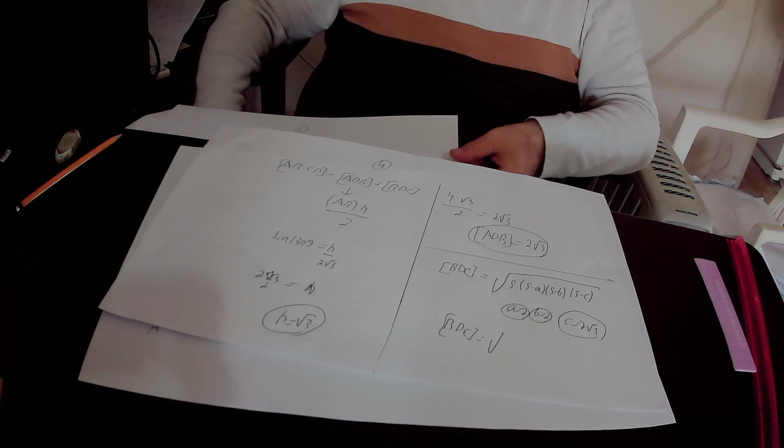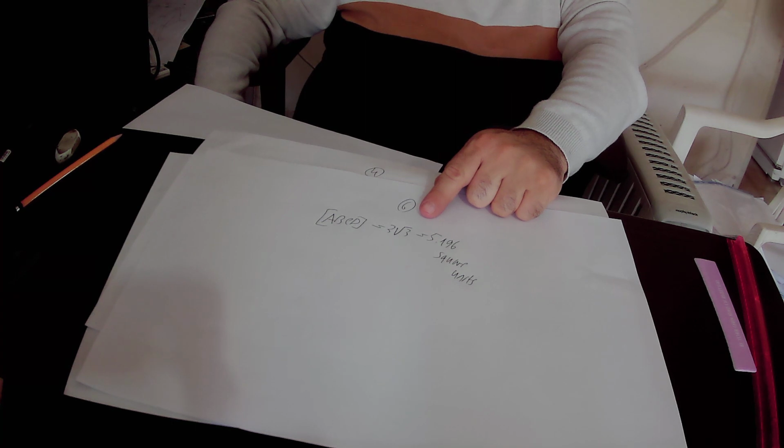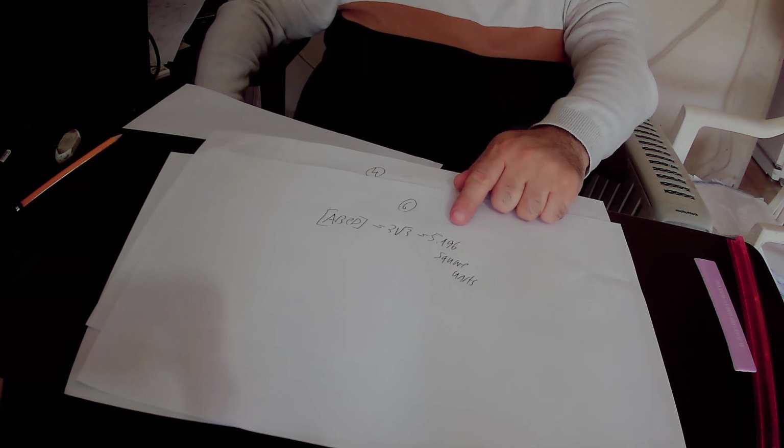That is to say, the area of quadrilateral ABCD equals 3 times square root of 3 square units, or in terms of numbers, it equals 5.196 square units. Okay?